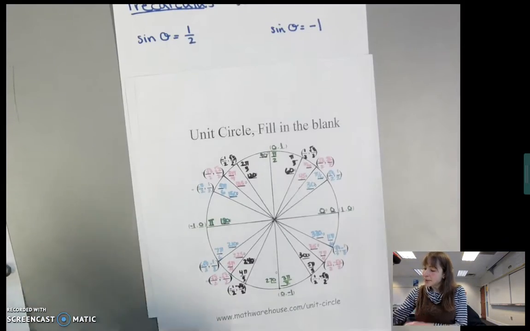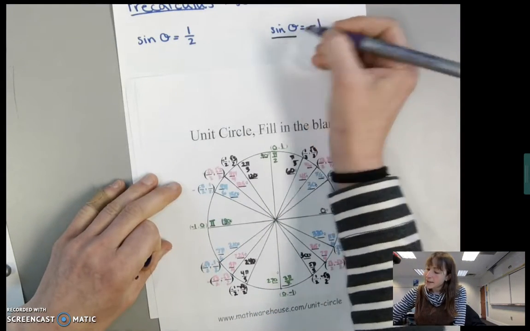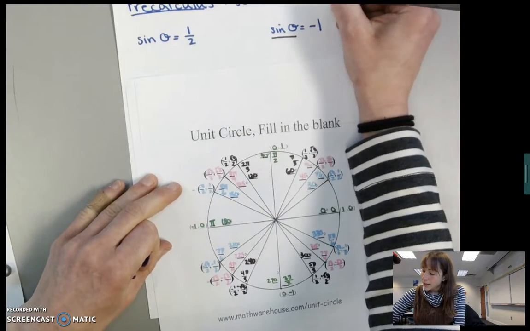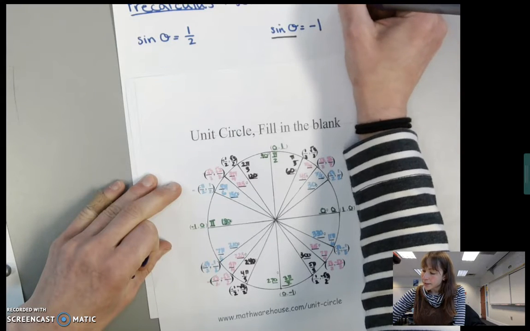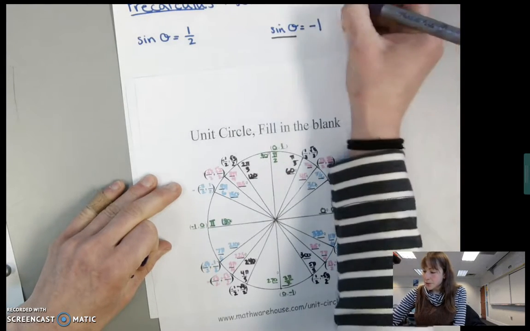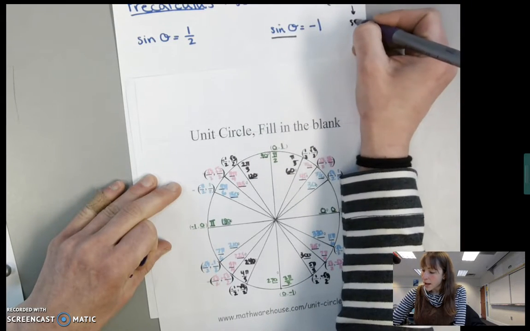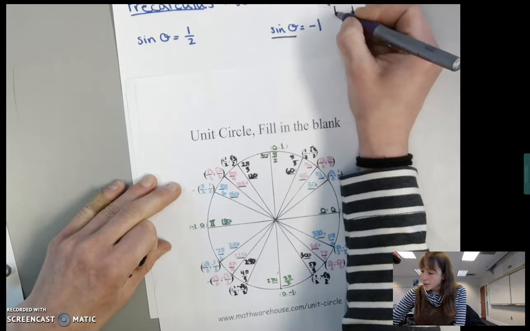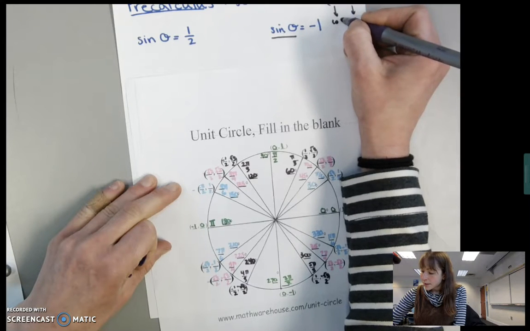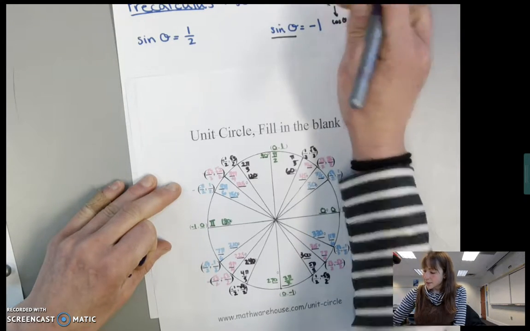And we know that sine of theta is the y-coordinate that's attached to the angle theta. So sine is y, and cosine is x.